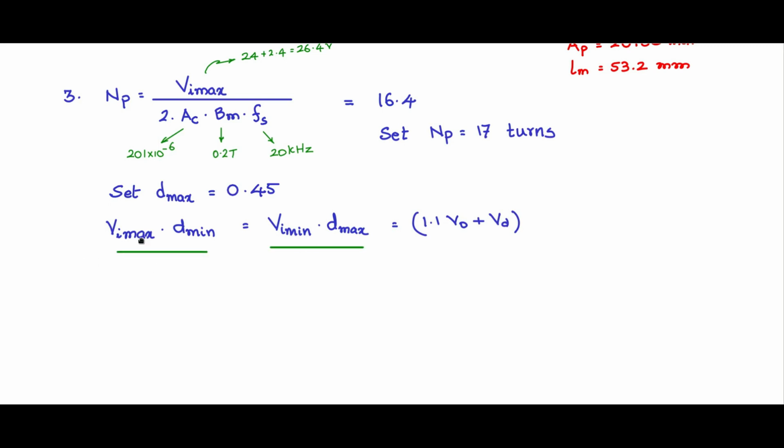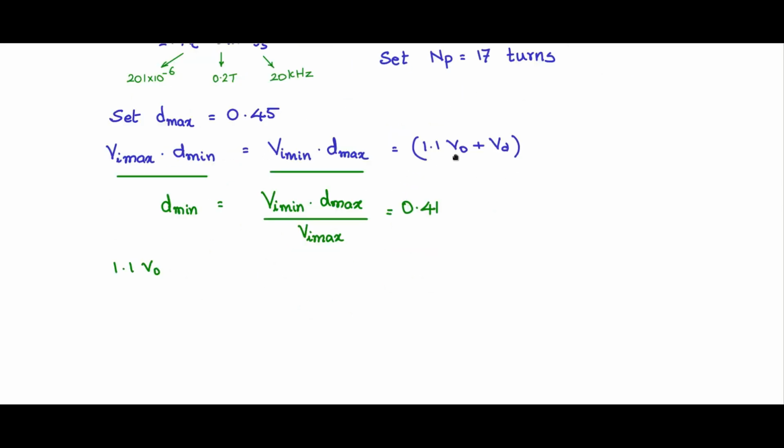Now using these two, you can find Dmin because Dmax is set. So Dmin is equal to Vi min Dmax by Vi max. You know Vi min 24 minus 2.4, Dmax 0.45, Vi max is 26.4. You can find out Dmin, which is 0.41 duty cycle.